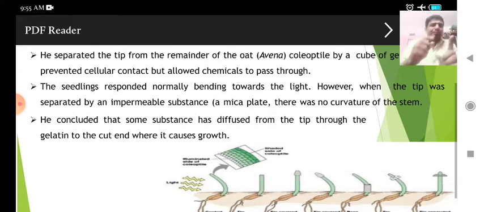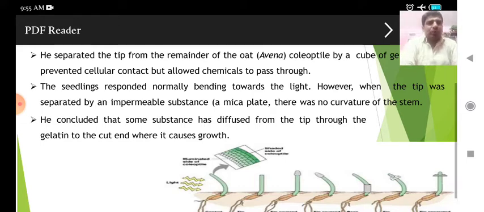When the gelatinous substance allows the chemicals to pass through, there is a curvature.